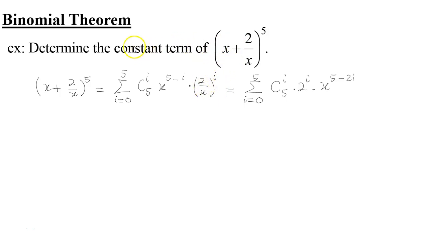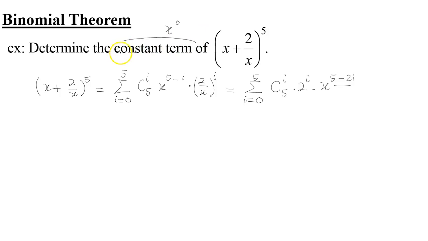Now over here, if we go back to the question, they want the constant term. So the constant term is the coefficient of x to the 0. So we need to find the value of I that would give me a constant term in this expansion.